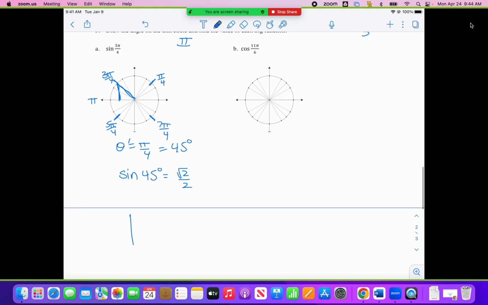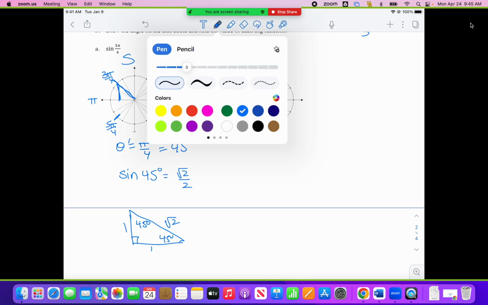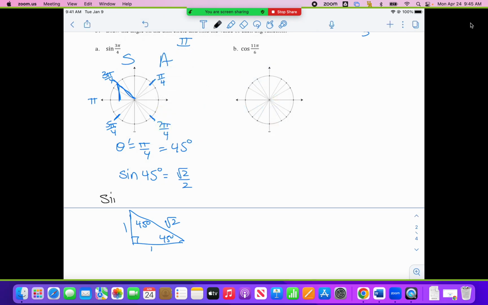I guess we can do that because you need that today. So it goes 1, 1, square root 2. All students take calculus. Then in the second quadrant, the sine of 3 pi over 4 is still positive square root 2 over 2. Okay? So all you're going to need to do is know those 3 radians.